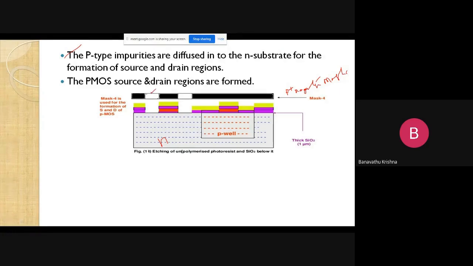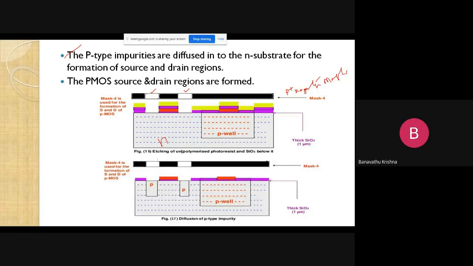That particular area is unshielded and the remaining area is shielded, and then the implantation process develops the P plus regions in the N substrate, like this. Right? So here the P plus regions are formed, the source and drain regions are formed.